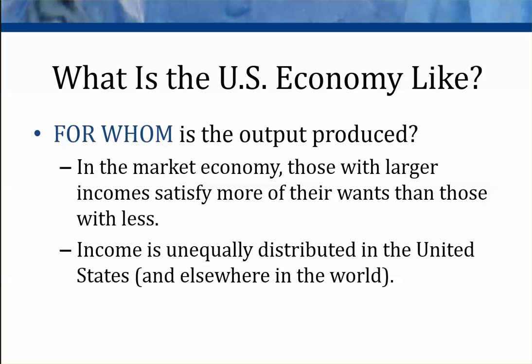In the market economy, those with larger incomes satisfy more of their wants than those with less. Income is unequally distributed in the United States and elsewhere in the world. So that's the end of this chapter. Be prepared for next week's class.